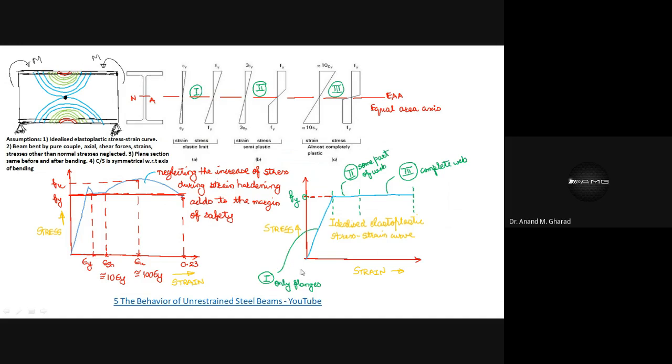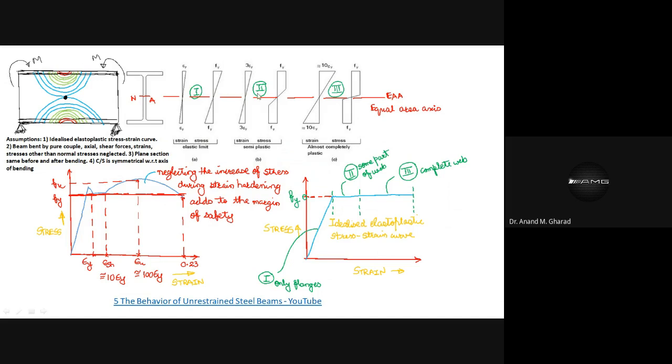So you can expect that the behavior of this stress versus strain behavior for first condition, it is up to this. That means only linear behavior is expected. That is, Fy is obtained for condition number 1.